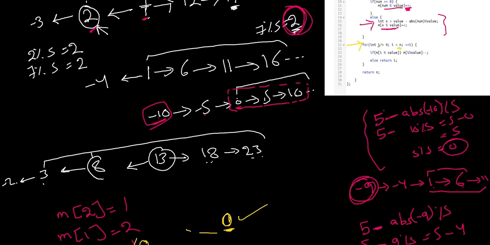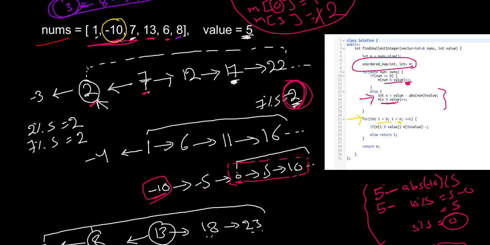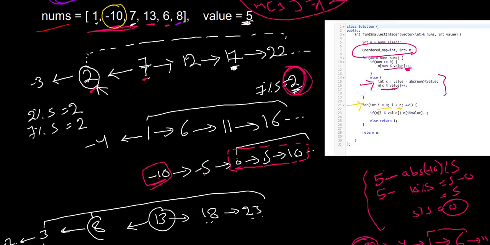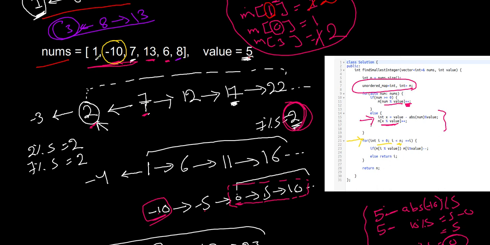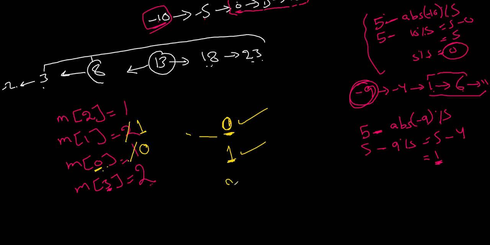Then in the for loop, next we need to check if we can have 1. M of 1 is 2, so yes, we can have it. We decrement by 1 since we use one number to reach 1, and this number could be this one itself. Then can we reach 2?